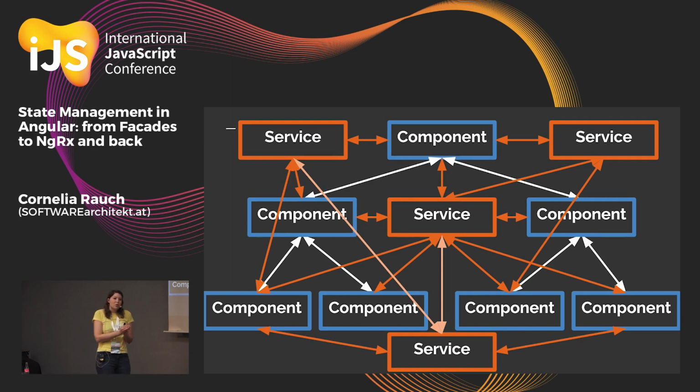It's hard to see what's happening here, and it's going to be hard to debug your application and still know where state is managed and what's going on. So if you have a construct like this in your application and you're currently managing your state with RxJS, you should maybe consider an alternative.